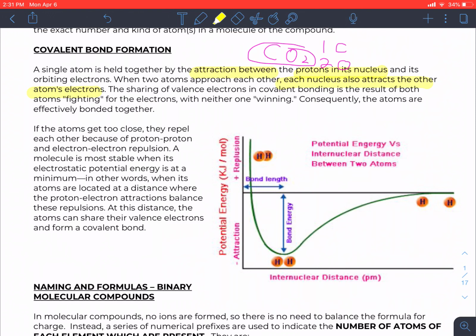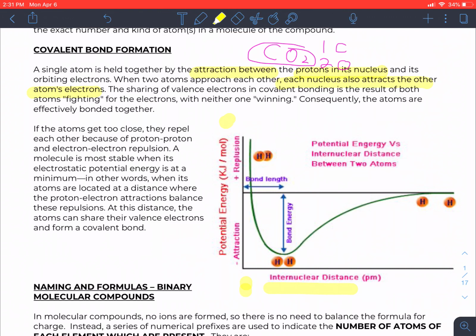And here is a little diagram of what that might look like. Internuclear distance: the farther we go right, the atoms are further apart. When you go left towards the axis, the atoms get closer. And so look at the energy.